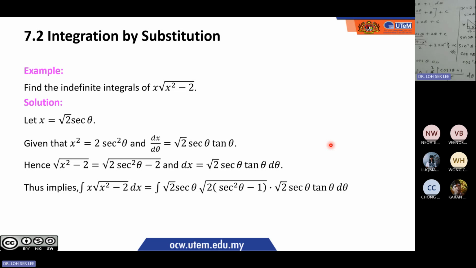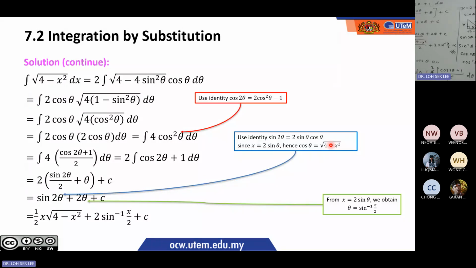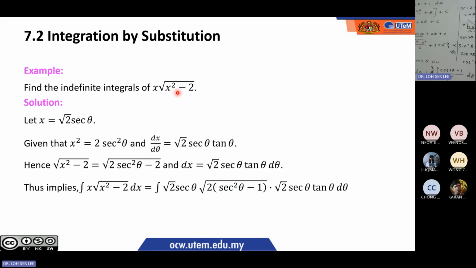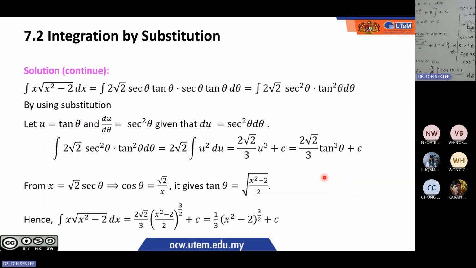I feel like skipping this one, because I'm scared if you feel confused with this one, you will feel even more confused with the next one, because this is more difficult compared to this one. After you substitute the x by secant theta, after you replace all the x into theta, you get this one. Then before the integration, you need to use another substitution to solve this integration.